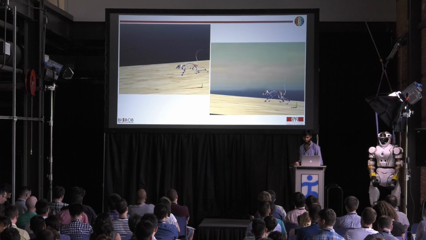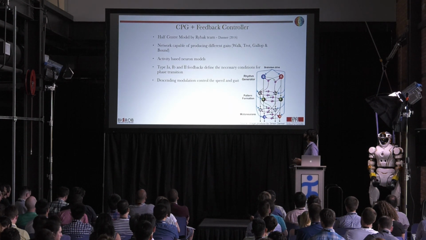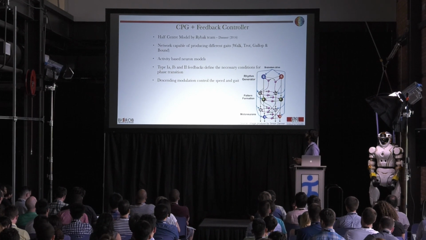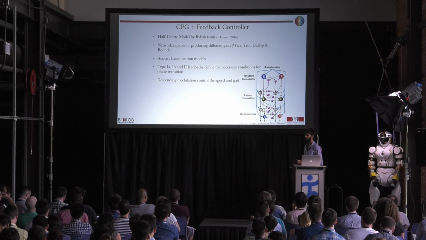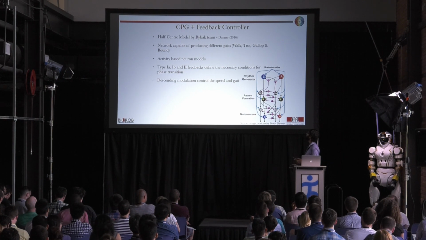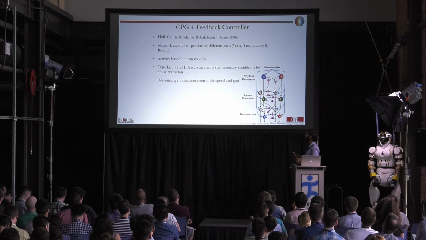So the next type of controller I'll discuss is the work with Ilya Rybak's team. Here it's the CPG model along with the feedback circuits. It's much more biologically close, as we use circuits that are validated from studies in the actual mouse model itself.